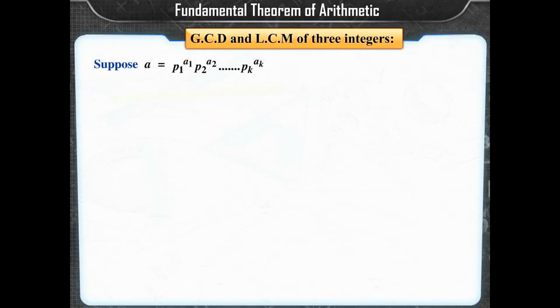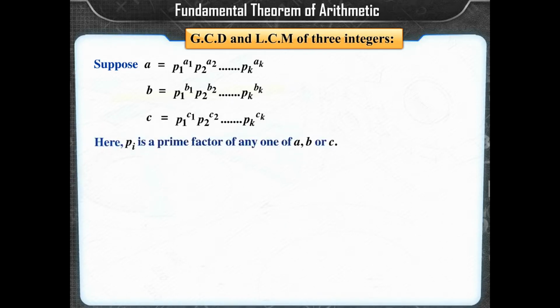Suppose A is equal to P1 raised to A1, P2 raised to A2, up to Pk raised to Ak. B is equal to P1 raised to B1, P2 raised to B2, up to Pk raised to Bk. C is equal to P1 raised to C1, P2 raised to C2, up to Pk raised to Ck.